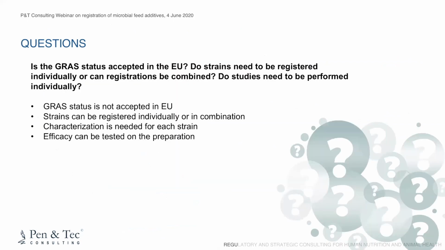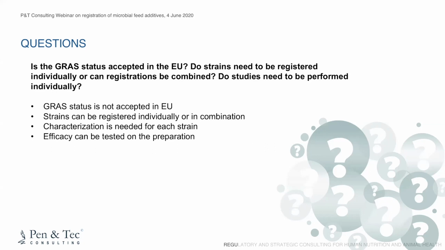The first question is related to the acceptance of the GRAS status in the EU and to whether strains can be registered individually or not, as well as whether the registration studies must be performed with individual strains or can be done in combination.